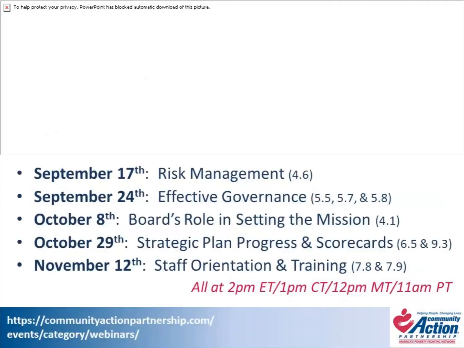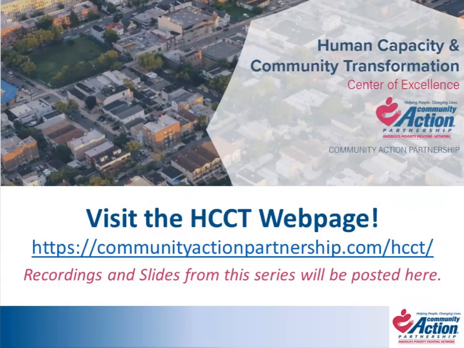We're going to go through November. Those can be found on our website under upcoming webinars. You can register for those. And all of the recordings and slides from all of these webinars will be posted on our HCCT webpage, the Human Capacity and Community Transformation Center of Excellence. And we'll make sure that as a webinar participant you receive a follow-up email as well.